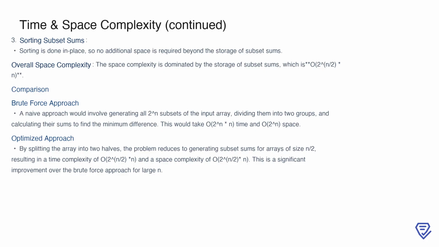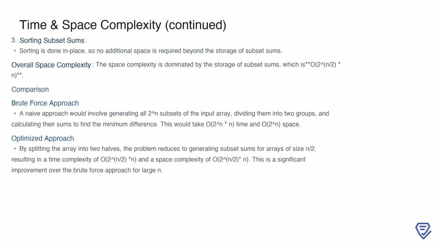However, this space usage is negligible compared to the storage required for all subset sums. As for sorting the subset sums, since sorting can be performed in place, it does not require any additional space beyond the already allocated storage. Therefore, the overall space complexity is determined by the storage of subset sums, which is O(2^(n/2) * n).